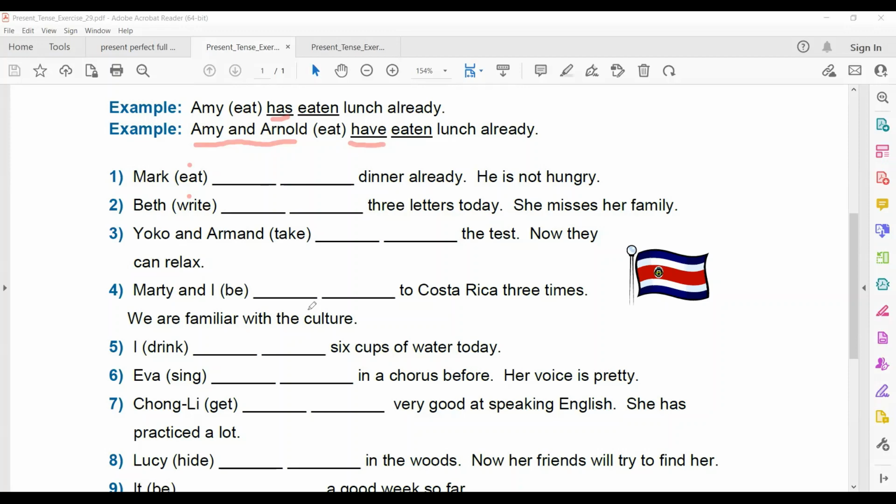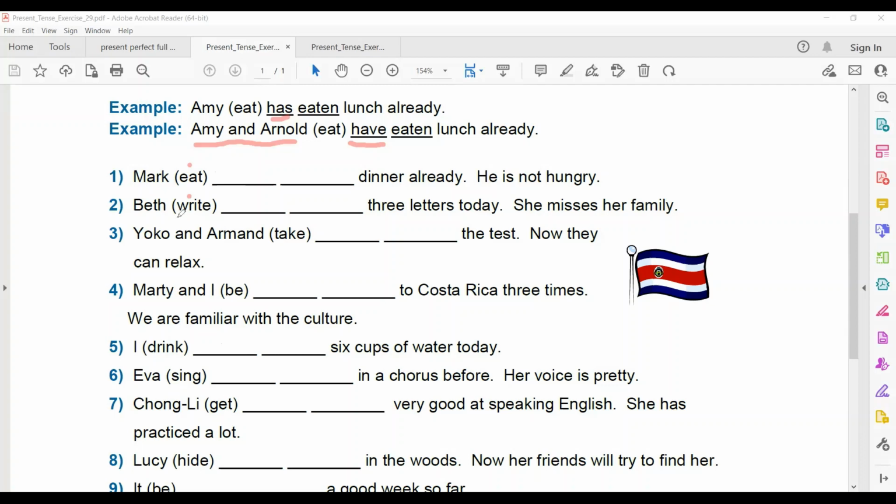Remember, we use the third column of irregular verbs, right? Or we just add the ed suffix to regular verbs. All right, so with most of these verbs, you will have to check them in the dictionary or just go straight to the table of irregular verbs.